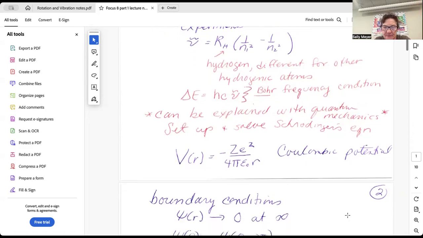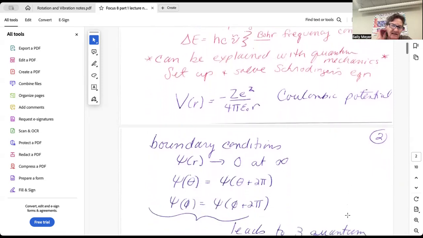And so, as I said, we have 3 quantum numbers because we have 3 boundary conditions. So as r goes to infinity, the wave function has to go to 0. You can't have it continue forever. And for both of the angles, as we saw when we solved for the spherical harmonics, you have to always repeat the same value when you go around 2 pi.